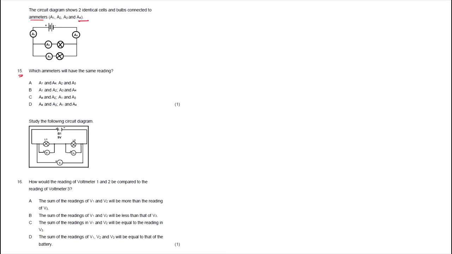We can see that A1 is equal to A4, and A2 is equal to A3. These pairs sit on equal parts of the circuit.